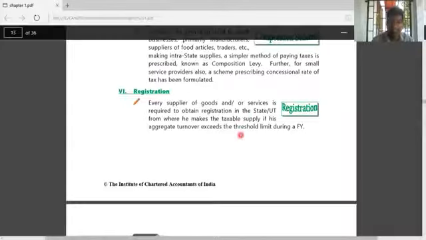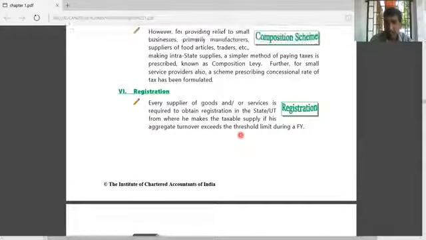Next, registration. We know that registration is important. Why? Because, for example, when GST was introduced, there were many news reports that people without GST registration were collecting taxes in the name of GST. What happens in such cases?